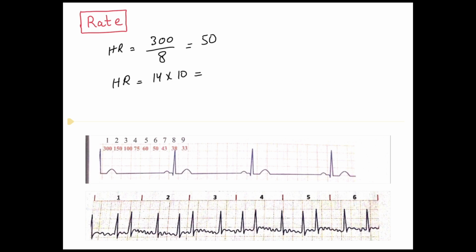That would be almost 140, which is more than 100, and it makes it tachycardia. And the upper lead shows a heart rate of 50, which is almost on the edge, and it would be kind of bradycardia, we can say. So that's how we calculate heart rate. That's a simple example.